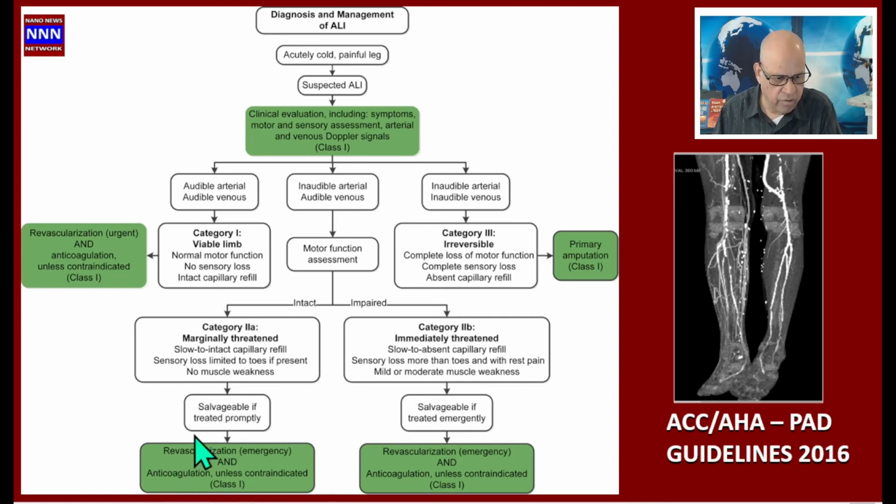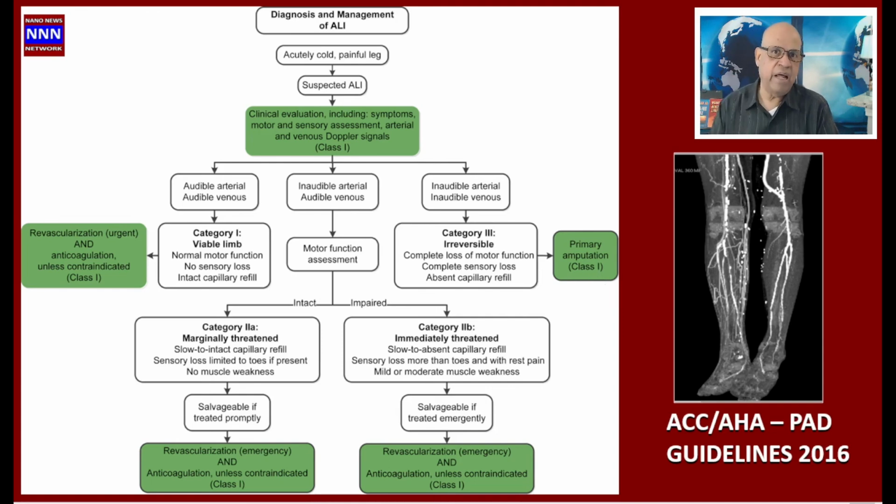So it is an emergency to do revascularization and do embolectomy through a balloon catheter and put these patients on anticoagulation. So that is a class 1 indication. On the other hand, if we have inaudible arterial and inaudible venous sounds, and if we cannot salvage the limb, of course, the last ditch option is amputation, which is a class 1 indication.